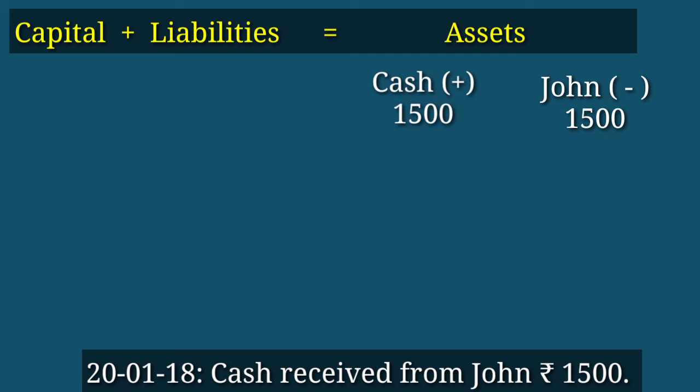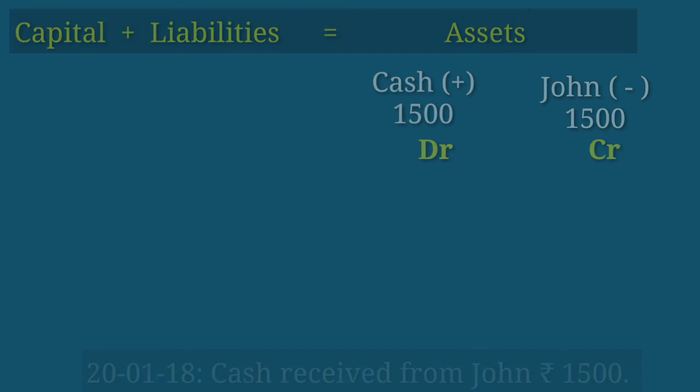When an asset is increasing, we will debit, and when an asset is decreasing, we need to credit it. See, here the accounting equation is correct. One asset is increasing, one asset is decreasing. Right? So here cash account debit and John account credit. We can make the journal entry.